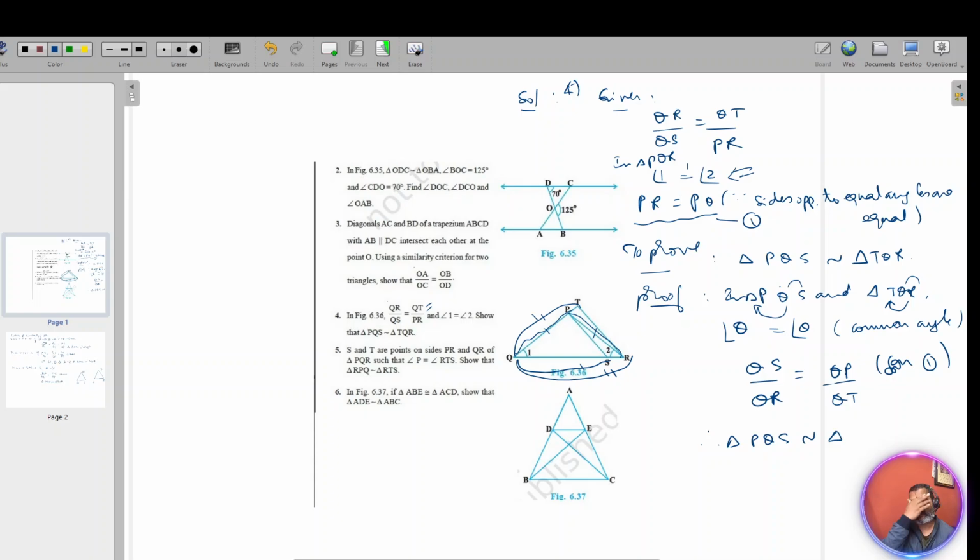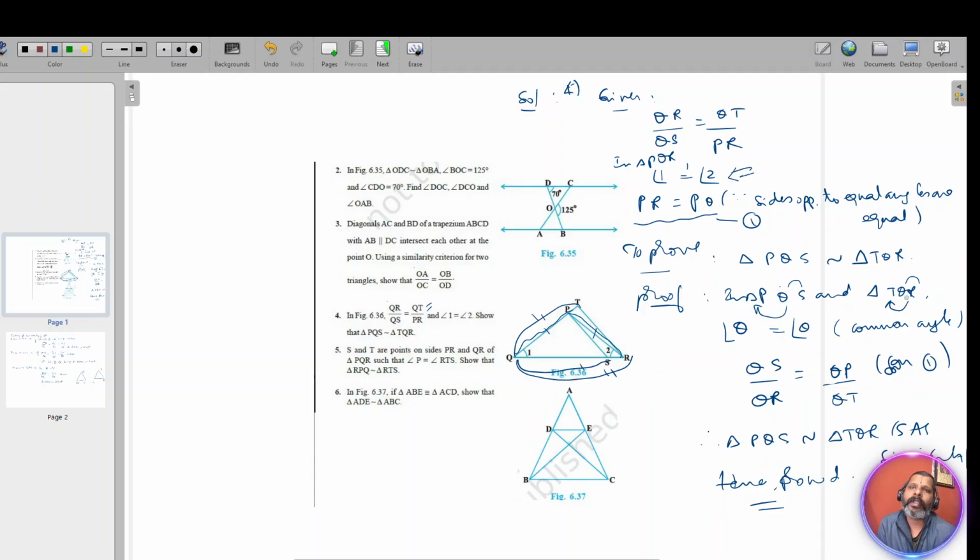I'll explain one more time. Just concentrate here. By the given ratio and given angle only, we formed the corresponding sets. One angle becomes common, that we can understand.